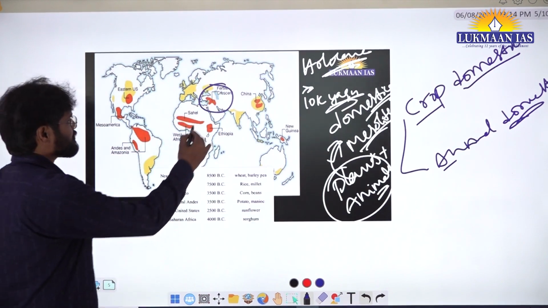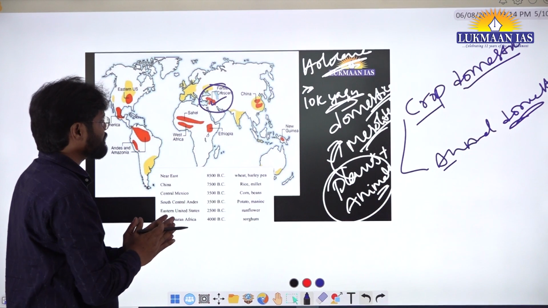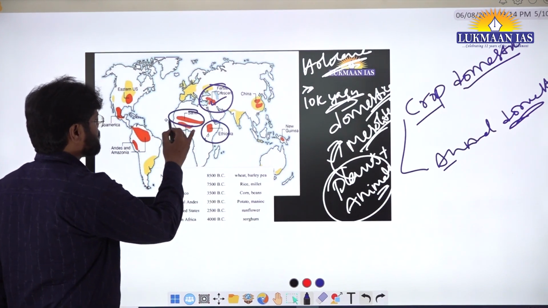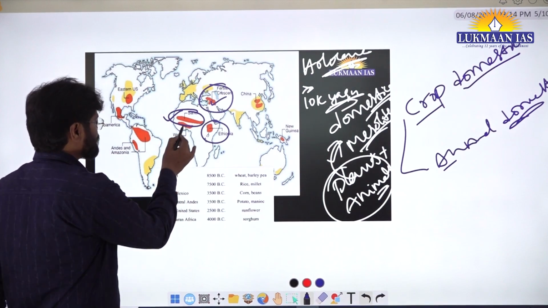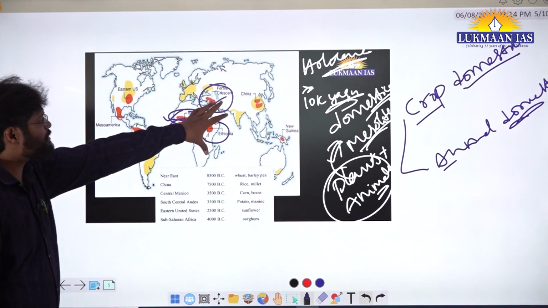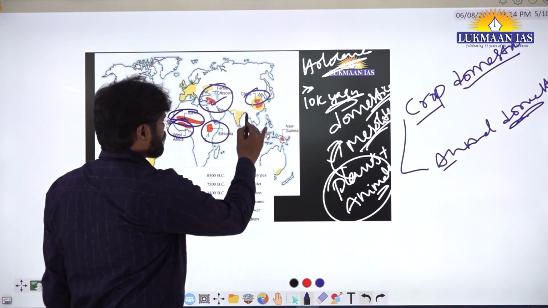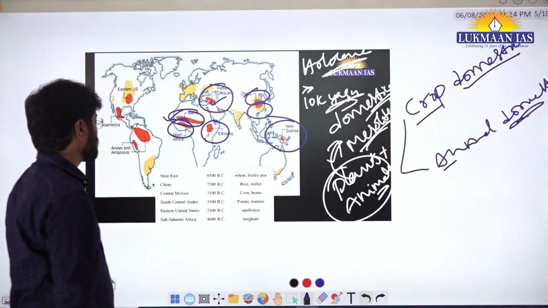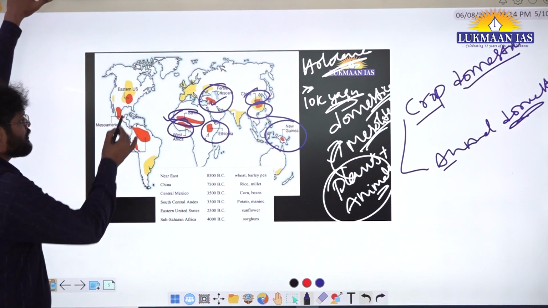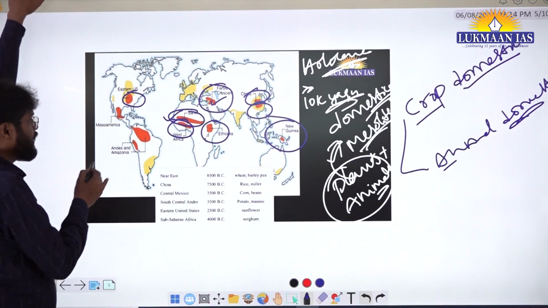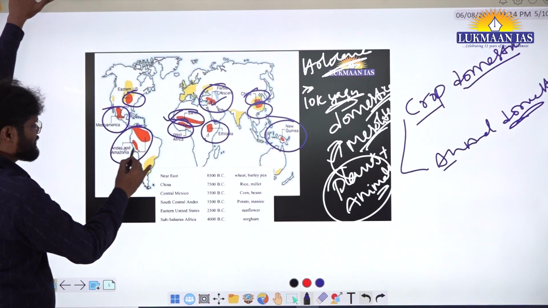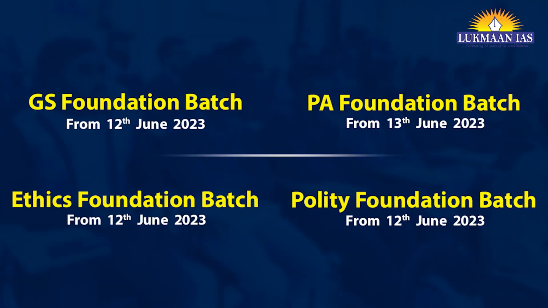Later it was followed by Ethiopia and Sahel, the sub-Saharan regions, as well as the West African region. Next is northern China and southern China, two regions, and New Guinea. When it comes to the New World, there are eastern US and Mesoamerica, and in South America the Andes region and the Amazon region. These were the regions where the earliest domestication of crops occurred.